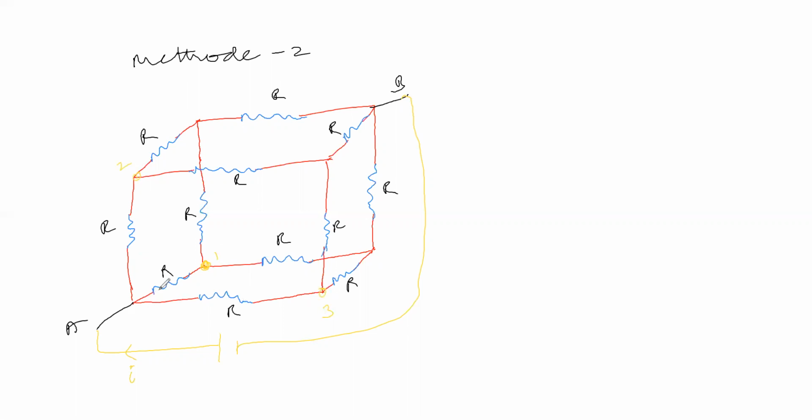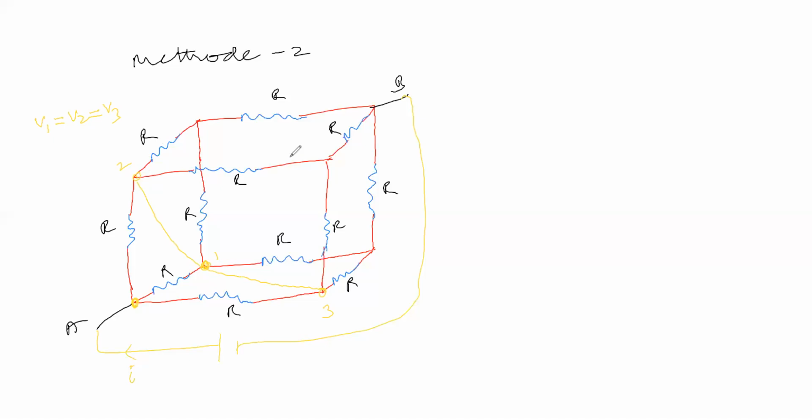In these three resistances, equal current comes, so the potentials at points 1, 2, 3 are equal. As the potentials at 1, 2, 3 are equal, we can connect these three points, and current will not pass through them.